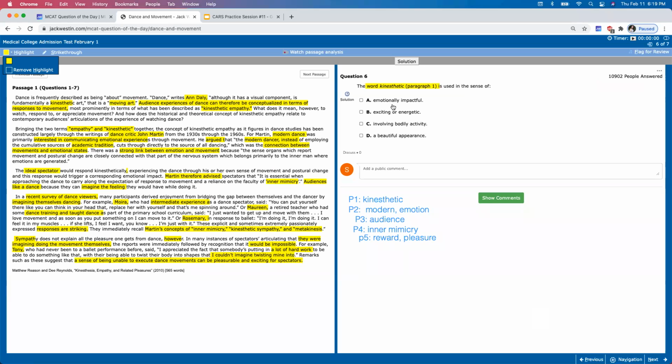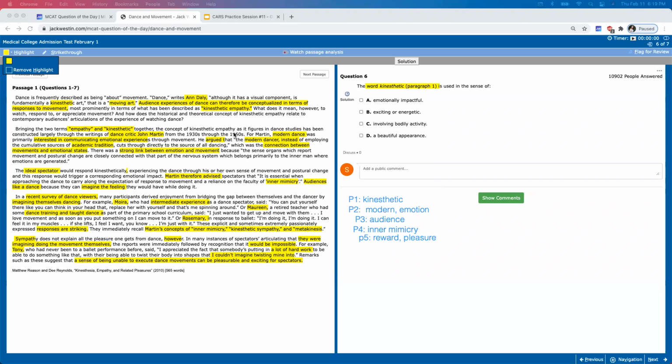Okay, number 6. Why did we use the word kinesthetic? What does it mean in paragraph 1? Yeah, perfect. So it says kinesthetic, that is a moving art.